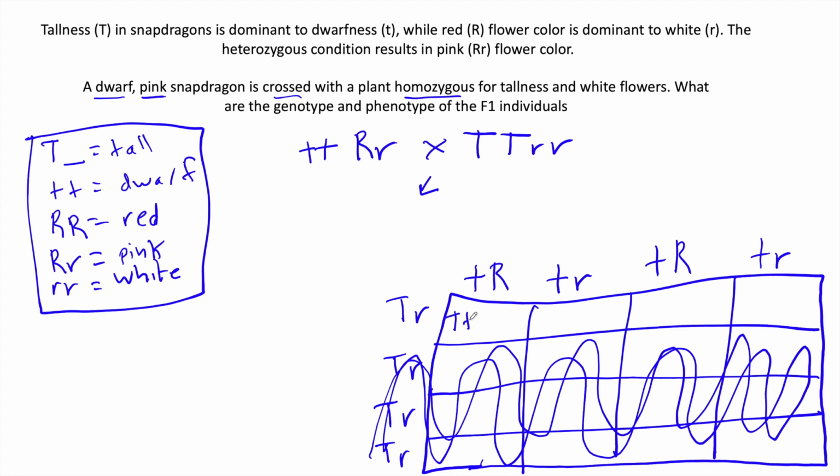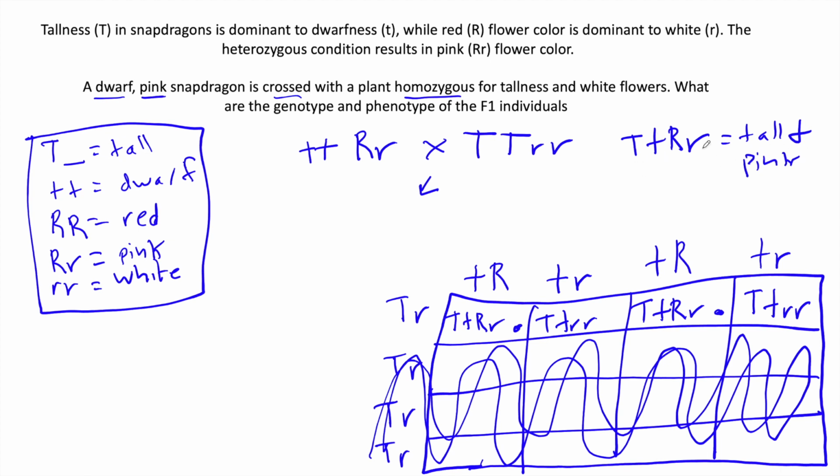Big T, big R, little r. Big T, little r, little r. Big T, big R, little r. Big T, little r, little r. Okay, so in here, what we have is we have 2 of them, this one and this one, that are big T, big R, little r, which is tall and pink.